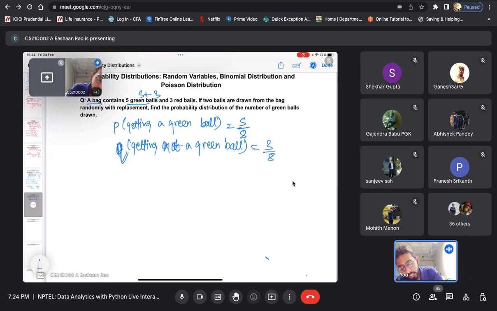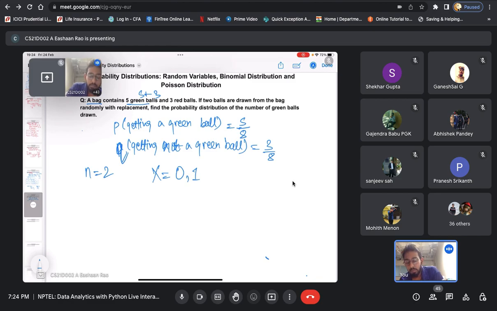Now the main question is that 2 balls are drawn from the bag randomly, and I have to find the probability of the number of green balls drawn. So when I'm drawing out 2 balls, the scenarios are: there is a chance that none of the balls are green, that is both balls are red.